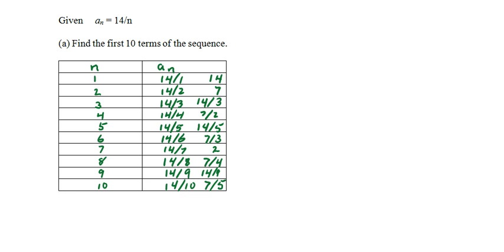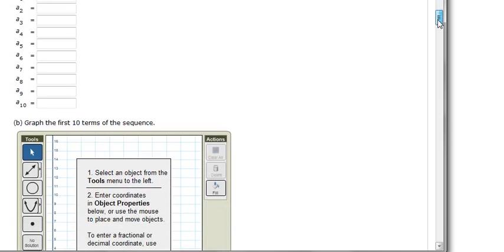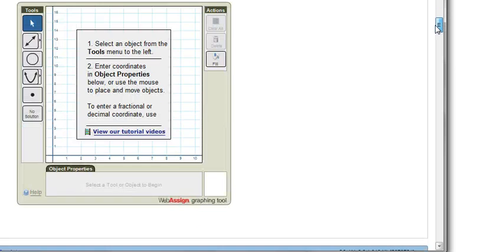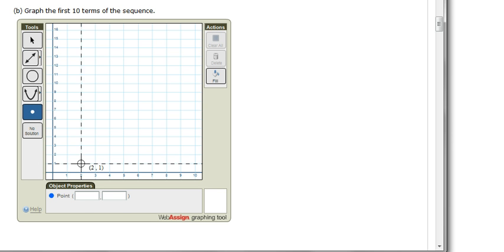And so when we go to graph this one in WebAssign, we'll have 1, 14 over 1.